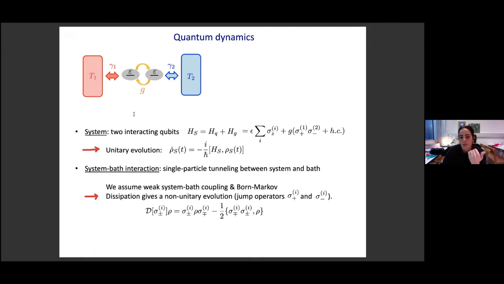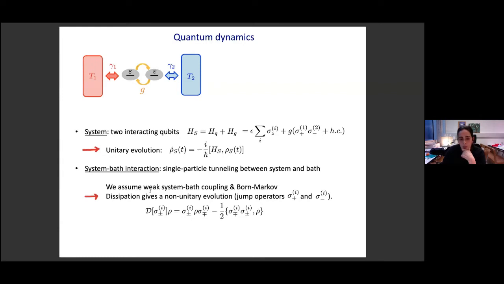So you also have to specify how the dynamics between system and bath takes place. Here we considered again a single-particle tunneling between system and bath, which is of the same form as that interaction Hamiltonian. We made several assumptions to be able to derive an evolution equation for this open quantum system.